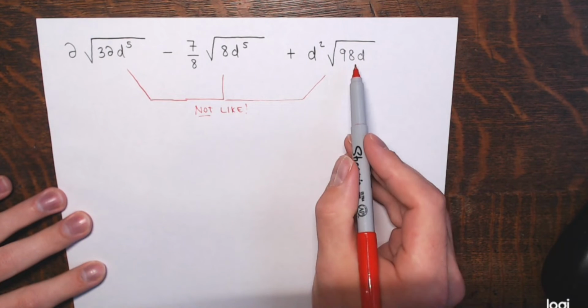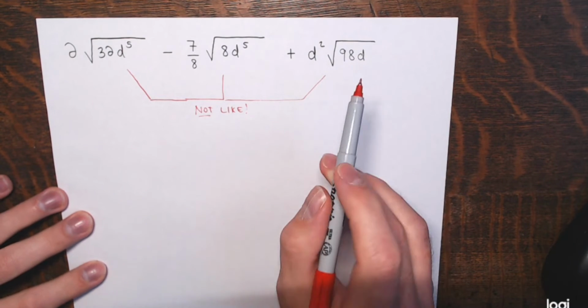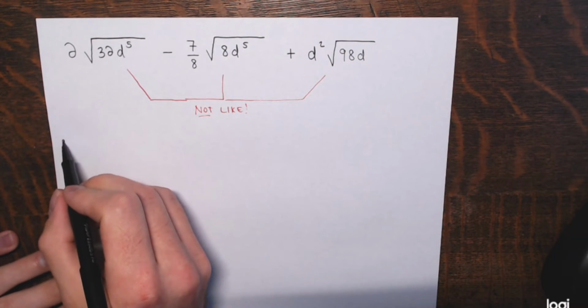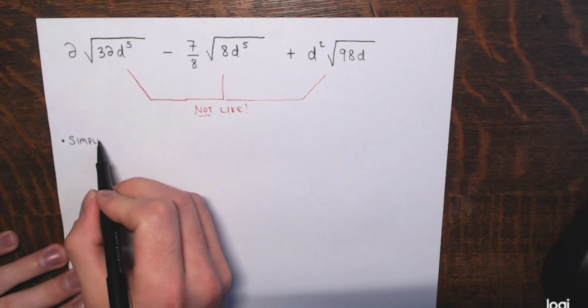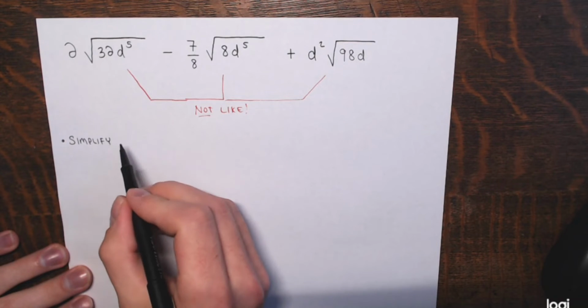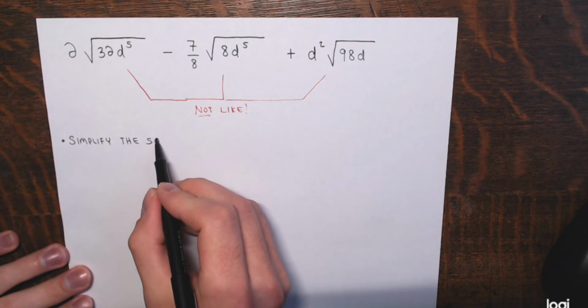And this last term's square root has a radicand of 98d. Also different. So I can't combine these right now. But what we're going to do first is simplify the square roots, like you saw in sections 9.1 and 9.2. So that's the first step.